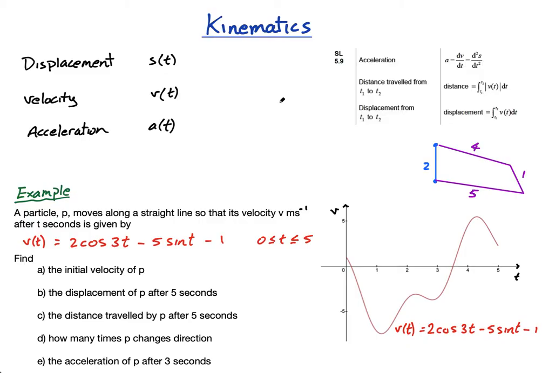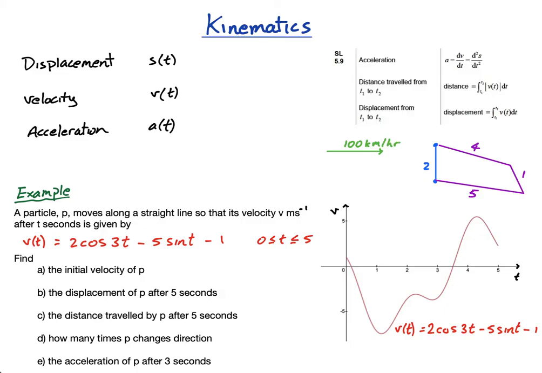Fine. Velocity and speed are also very closely linked, but one of them has direction and one of them doesn't. Let me use a car analogy for my example. Imagine we're driving in a car and we're going, let's say, 100 kilometers an hour this way. Your velocity is 100 kilometers per hour, and your speed is 100 kilometers per hour.